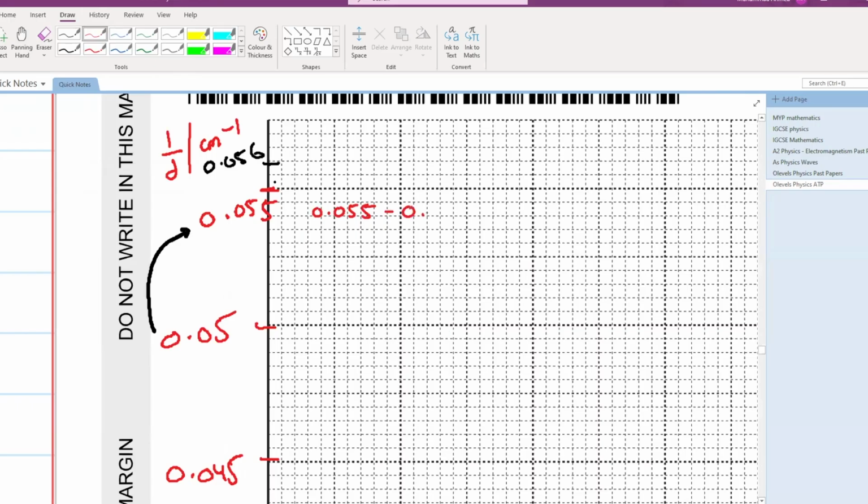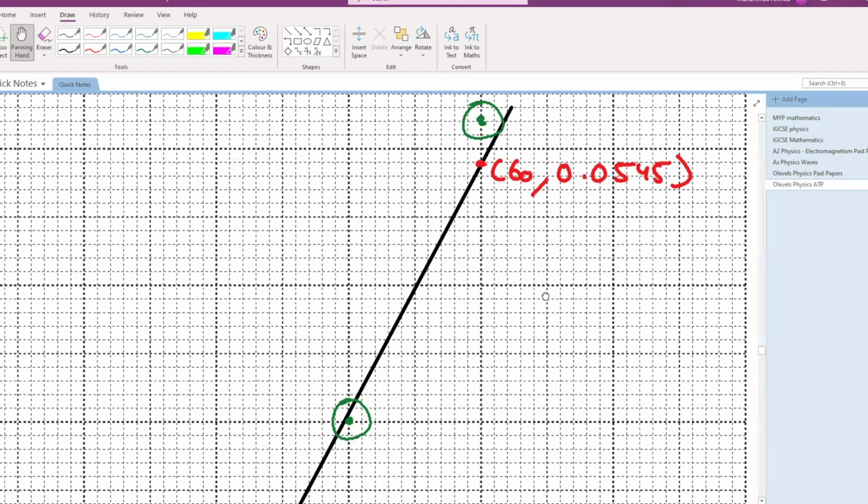You get your answer as 0.0545. Simple. You can do this in the calculator as well, I guess. Let's verify it. Yeah, you are getting the same answer. I hope this is clear. Now you have the 2 points.